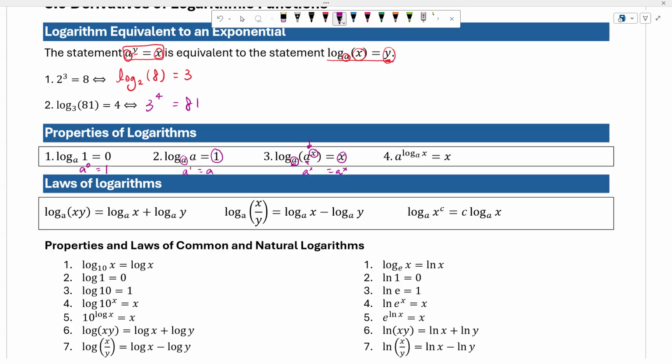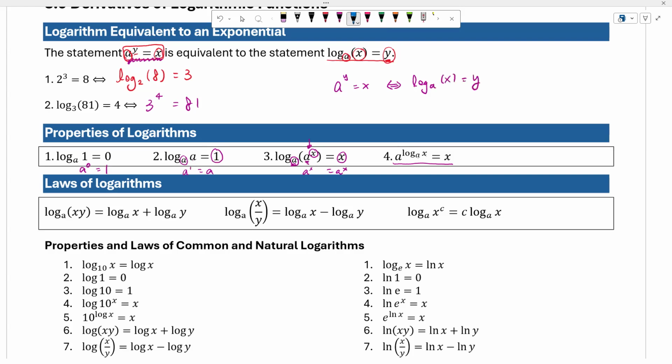Now the last one is a really tricky one. I have a raised to the power of log base a of x is equal to x. So how do we get this property? We get it from the equivalent statement. Again, if I have a to the y equal to x, then log base a of x equal to y.